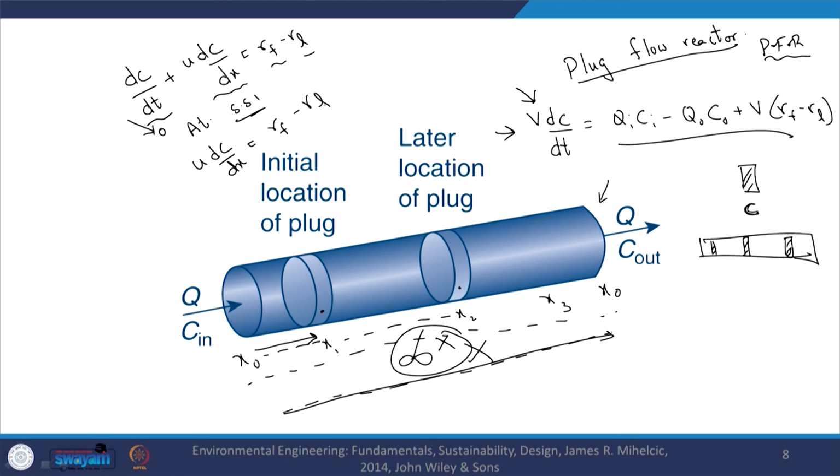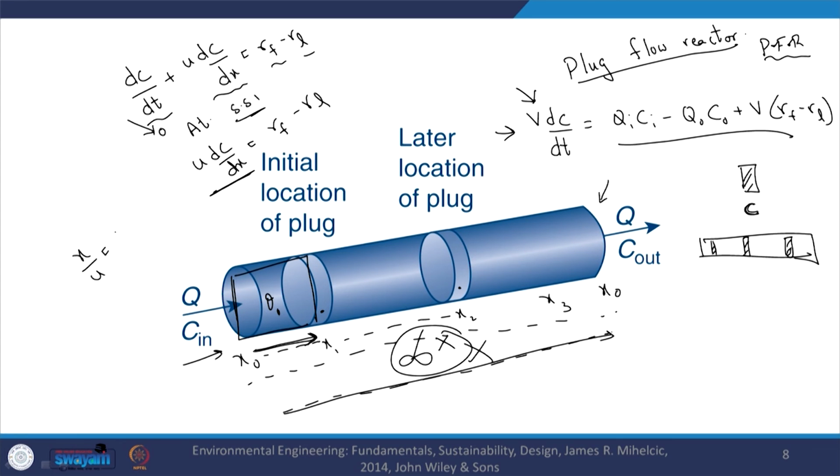But if I look at transforming this further, what is x by u? X is this distance and u is the velocity of flow of this fluid. So, what will x by u give me an idea about? It will give me an idea about the time, let us say if it is x1. And what does that mean? It spends a time of theta 1 inside that reactor, meaning the compound or the fluid, or it takes a time of theta 1 to travel a distance of x1.